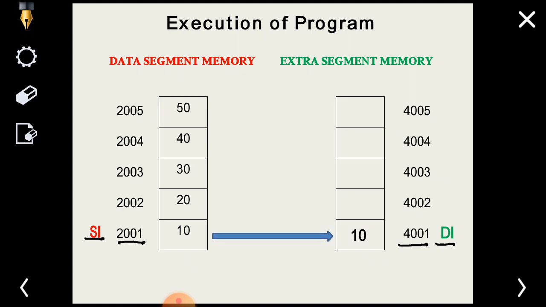After execution of this MOVSB instruction, the counter will be decremented by 1, so CL will be 4 now. And as we have cleared the direction flag, SI will be auto incremented by 1. Now the content of SI will be 2002 and content of DI will be 4002. Now again it will repeat the MOVSB instruction, and 20 will be moved into extra segment memory.